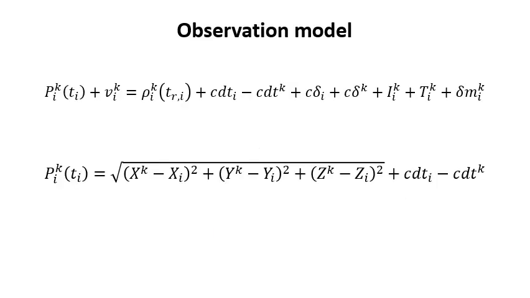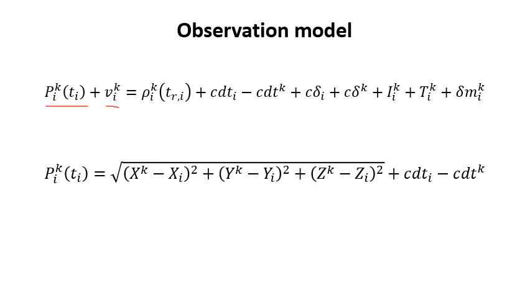Our observation model here includes the pseudo-range at the left-hand side, the measurements. At the receiver, we measure the distance between the satellite and the receiver antenna. So this is included in pseudo-range measurements. And all measurements include the so-called random errors, so these random errors are also included at the left-hand side.